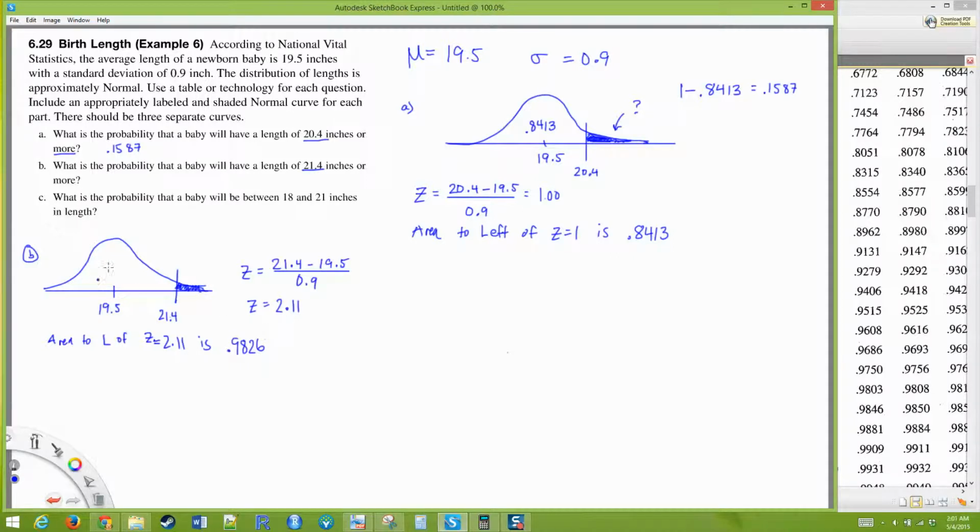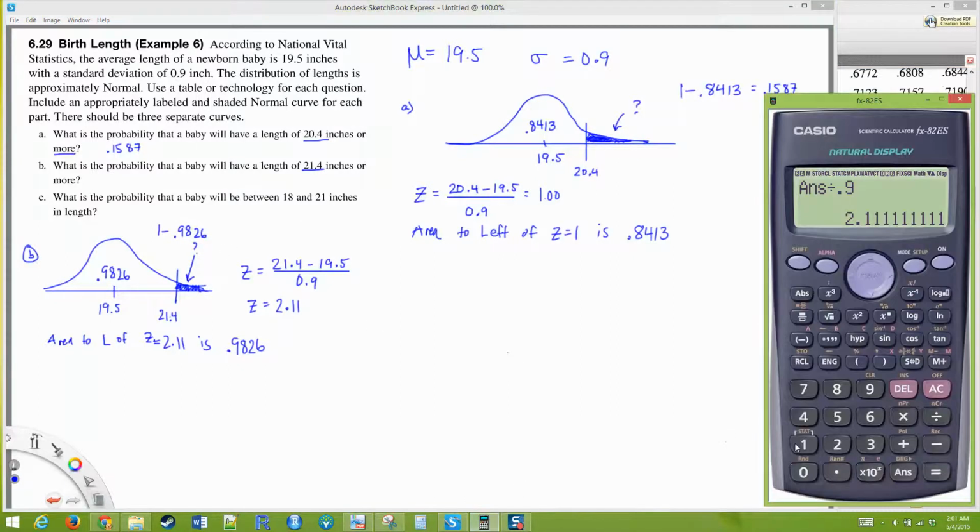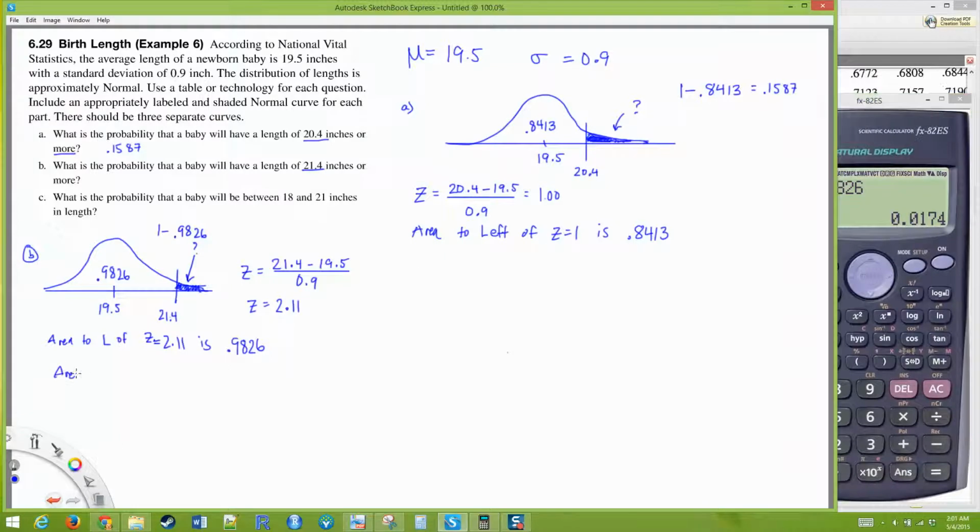Again, that's the area to the left. And what I want is the area to the right. So the area to the right is 1 minus 0.9826. I'm going to calculate that right here. And I get 0.0174. So the area to the right is 0.0174, and that is the answer to this problem.